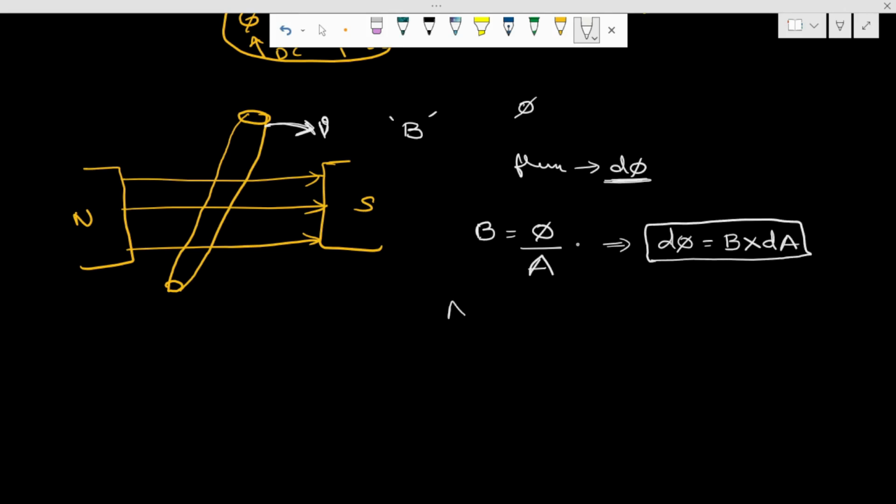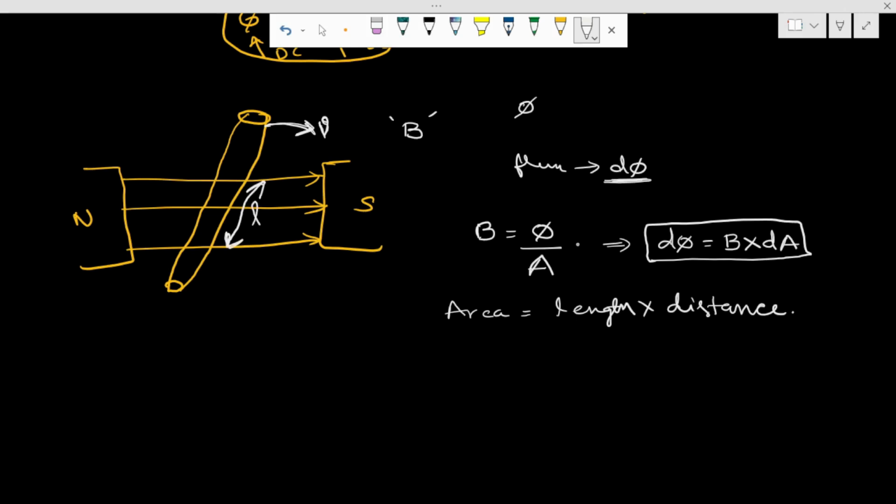We know that area is equal to length into distance. Here we take the effective length of the conductor which produces the EMF.